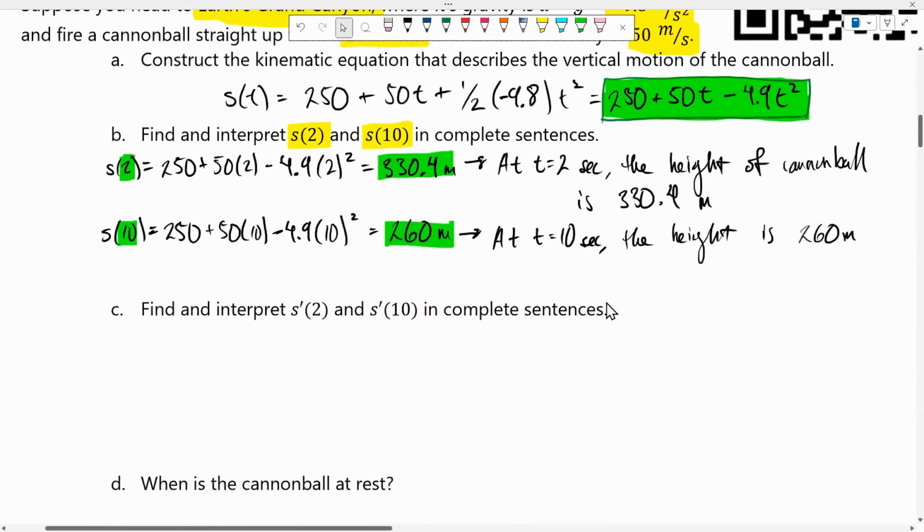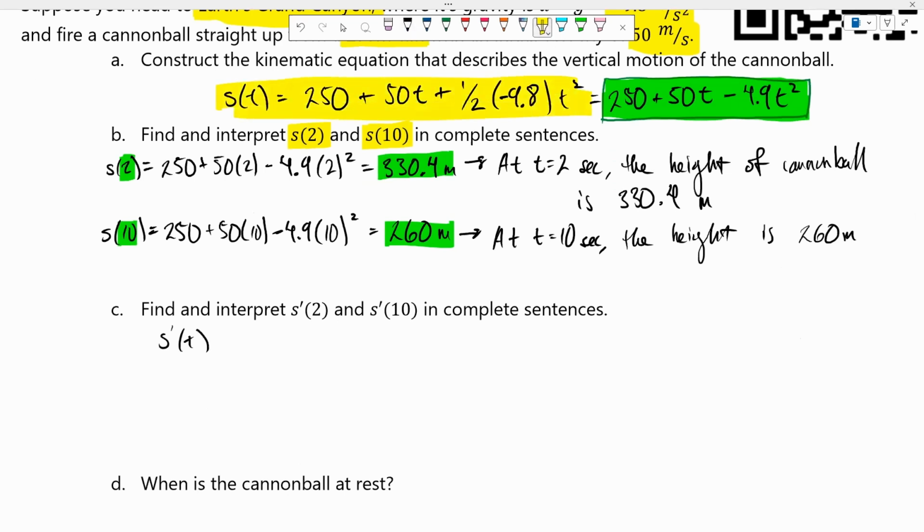Now I'm going to start playing around with its derivative. Okay, so first thing I'm going to do is find S prime of t. We know what S of t is. That was up here. That was this thing that we found, right? So now I need to take the derivative of that thing, okay? And if you guys remember, the derivative of a constant number, that's 0.